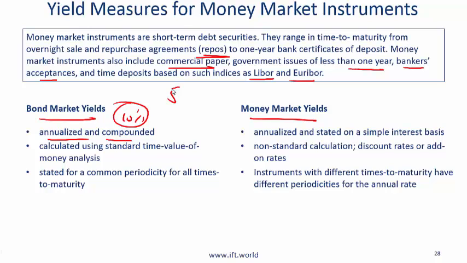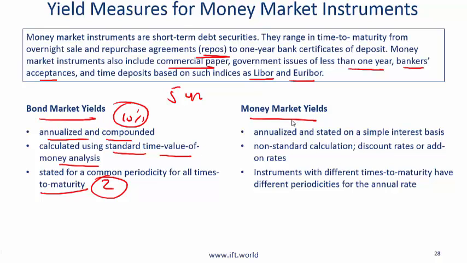If you take a 5-year instrument, then you are doing compounding, calculated using standard time value of money analysis. So when we do a present value analysis, we are doing standard time value of money, and stated for a common periodicity for all times to maturity. With bonds, generally the periodicity is 2 periods per year.